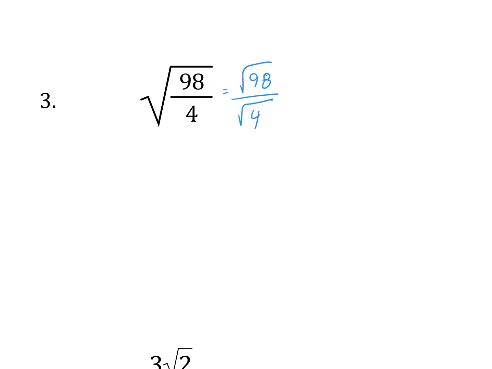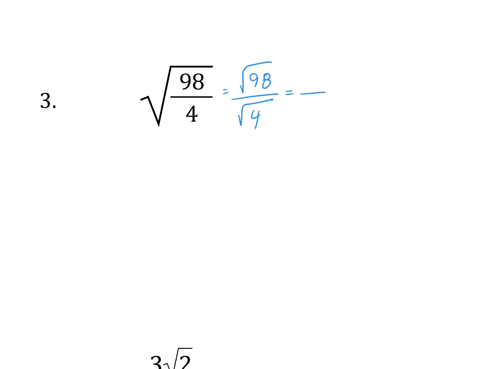When I divide 98 by 4, I get a decimal, 24.5, if you put that in there. I don't like that, because we can't take the square root of 24.5. So I'm going to split up my big fraction and make two smaller fractions.